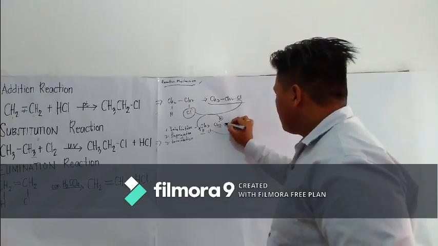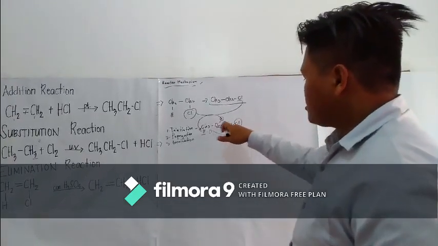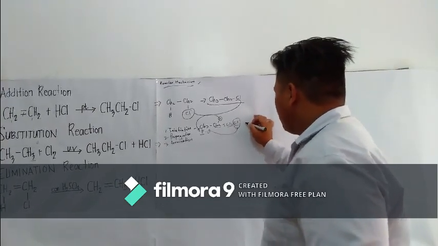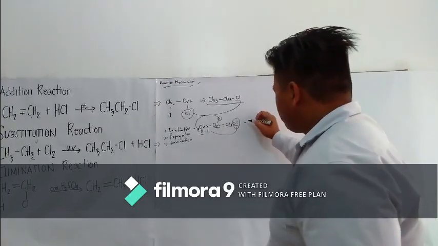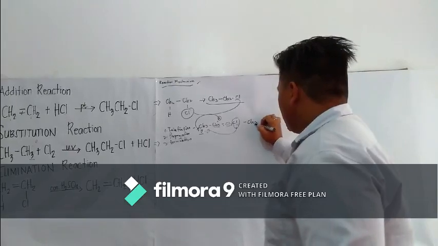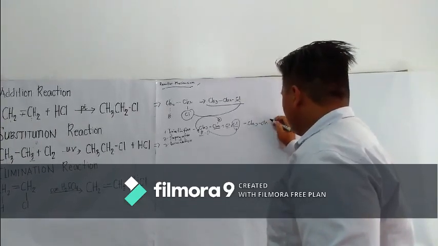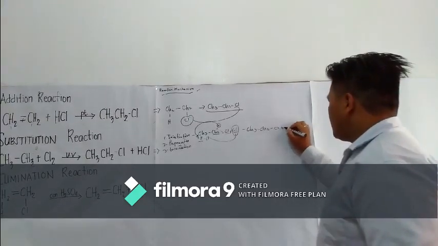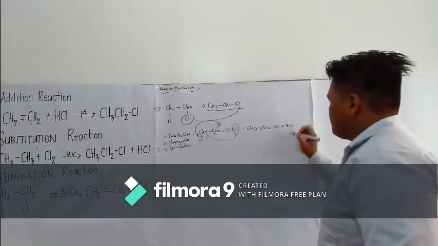Then the other chlorine goes to this part, ethyl. So our product is CH3, CH2, Cl, and plus HCl.